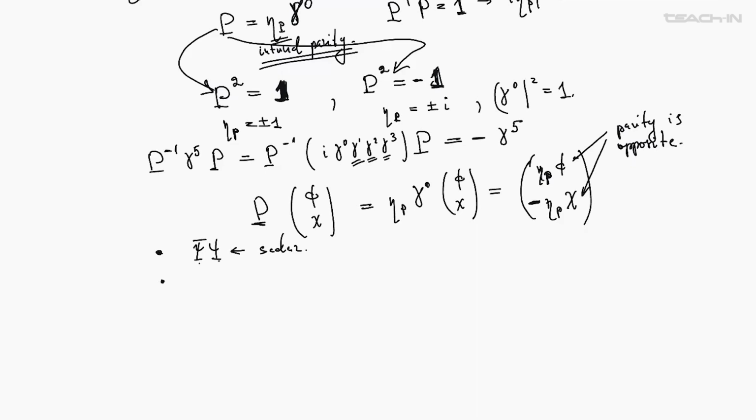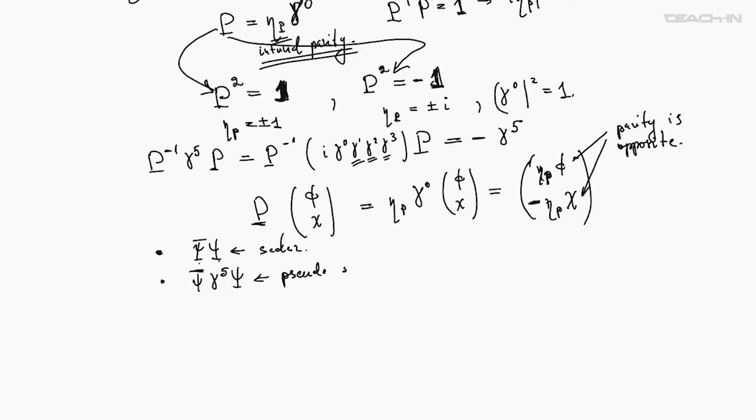Because Lorentz transformations anti-commute with matrix gamma 5, something which I have already mentioned, this object appears to be what is called a pseudoscalar.